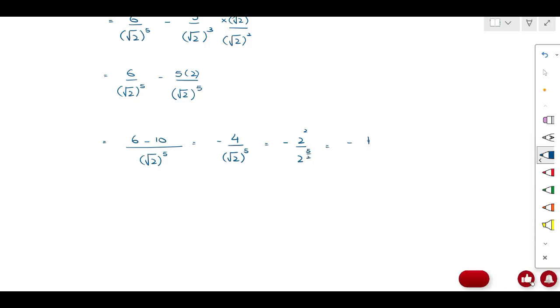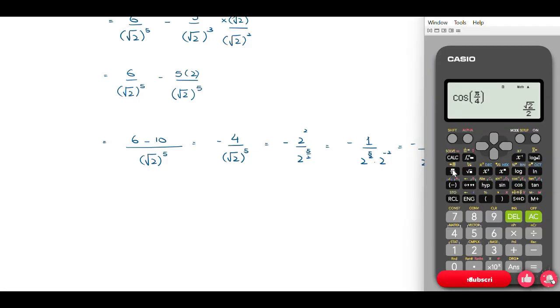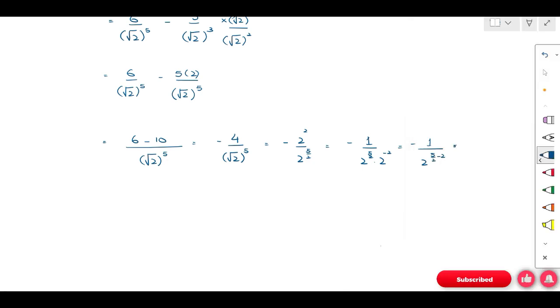Okay, so it's minus 1, and shift this to the new denominator, 5 by 2 into 2 power minus 2. I shift into the denominator, minus 1 divided by 2. The bases are the same, add the powers, 5 by 2 and minus 2. This is 1 by 2. You can do 5 by 2 and then subtract 2. This is 1 by 2, right? So minus 1 over 2 to the power 1 by 2. This is minus 1 over square root of 2.